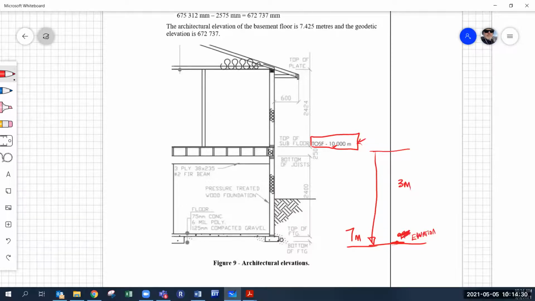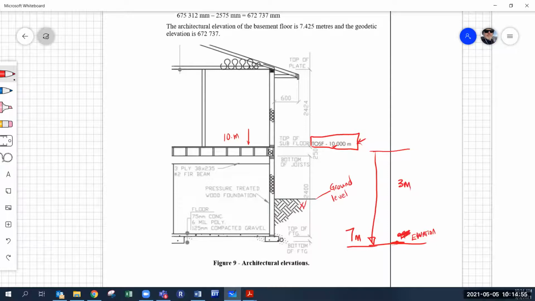Okay, we just don't want to work with negative numbers. So this is the top of the subfloor, and this is our architectural elevation at 10 meters. Now, everything below it, this right here is ground level. As you can see, this is ground.